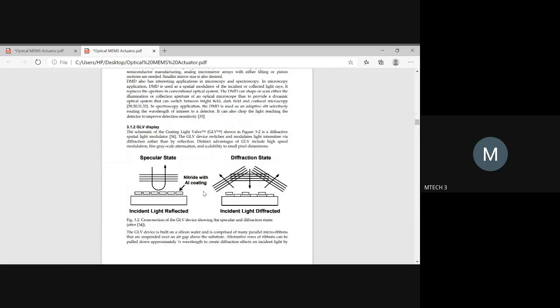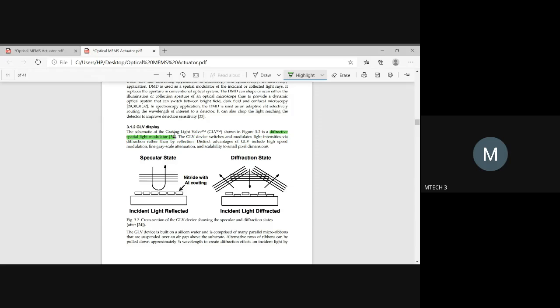Next optical application related to the mechanisms we studied is the GLV display. This GLV display is nothing but a diffractive spatial light modulator. This GLV device switches on and off, and it can enhance the intensity of the light with the help of a diffraction pattern.